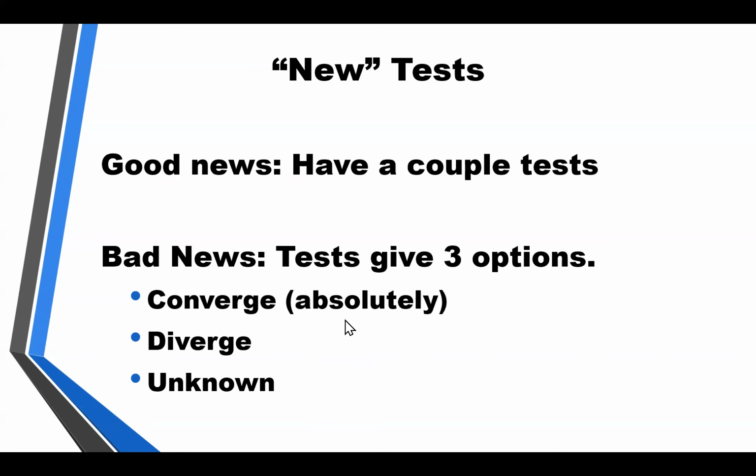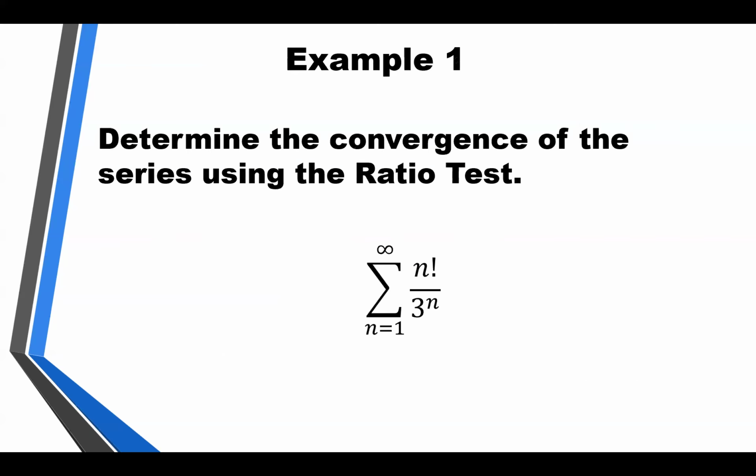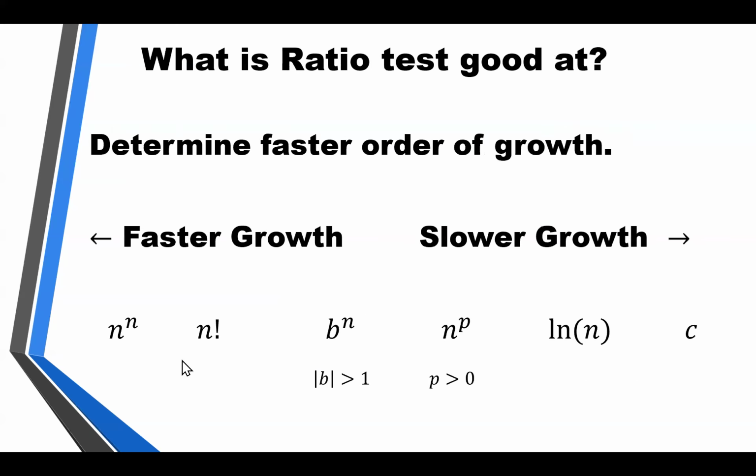Technically, it's a converge absolutely option, the diverge option, and the unknown option. So we have to be careful with that unknown option. The ratio test works as long as my fastest growth around is one of these types, either the exponential, factorial, or n to the n, or something even faster.